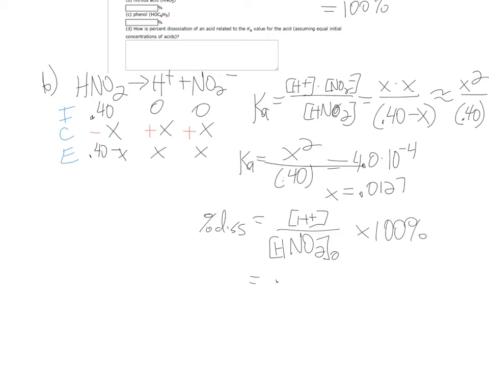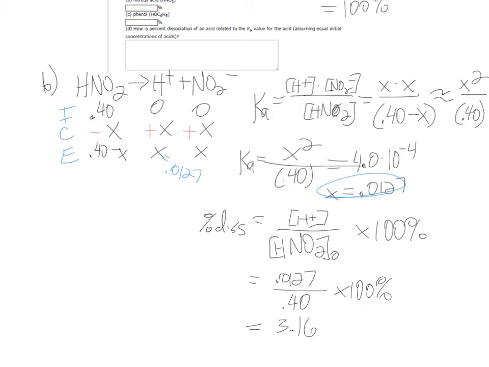So we've got the value of x in the ice table of 0.0127 gives us the equilibrium concentration of hydrogen ion of 0.0127. The initial acid concentration was 0.4. And if we crunch the numbers, this one works out to be 3.16% dissociated.